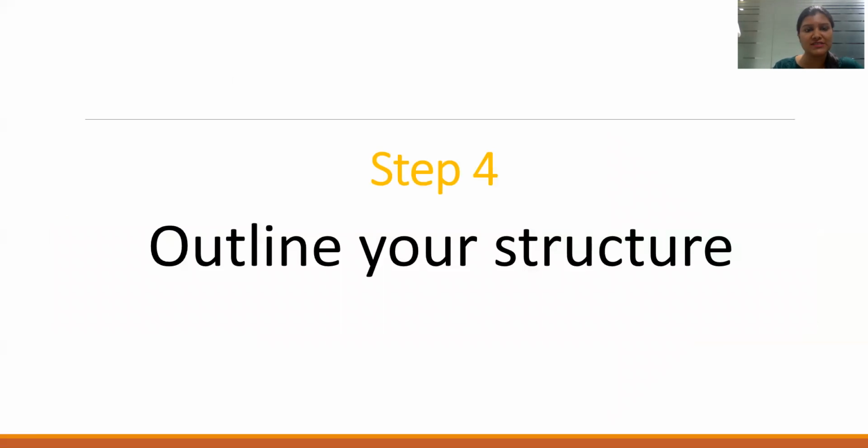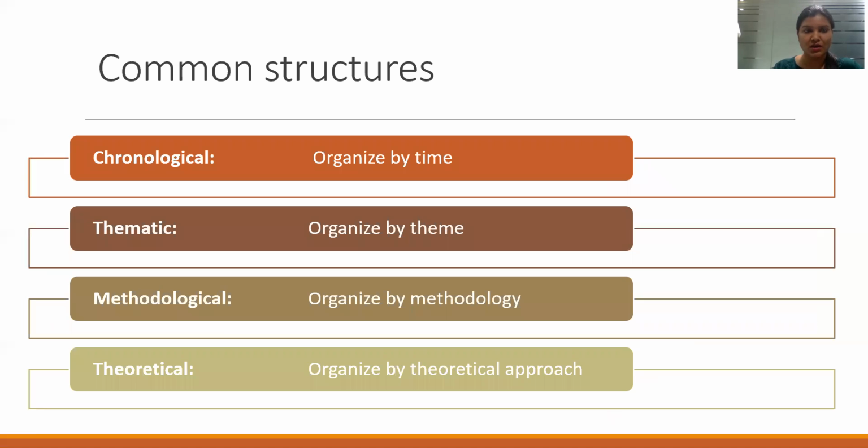So now the fourth step is to outline your structure. Now the common structures are chronological, that is organized by time, that first this happened, then this happened, now this has happened; or thematic, which is to organize by theme; or methodological, organized by methodology; or theoretical, which is organized by theoretical approach.